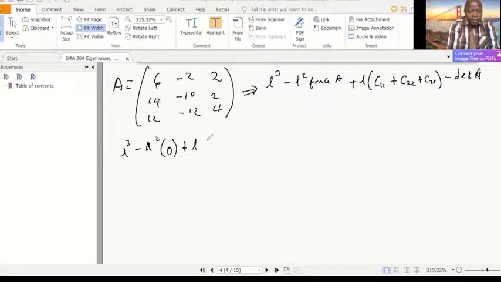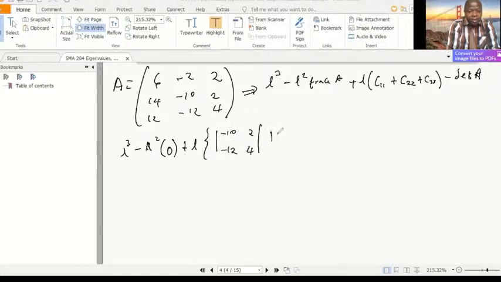Plus lambda into the cofactor of this position, which is the matrix that remains when I delete the row of 6 and the column of 6, and that is negative 10, 2, negative 12, 4. Then plus the cofactor in row 2, column 2, which is 6, 2, 12, 4.